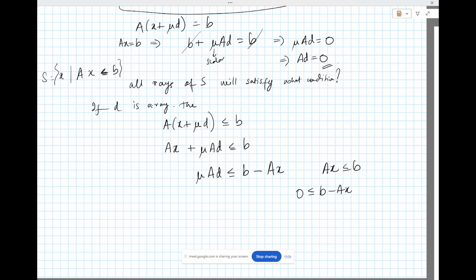Sorry? AD will be less than or equal to 0. We can't directly show that, right?